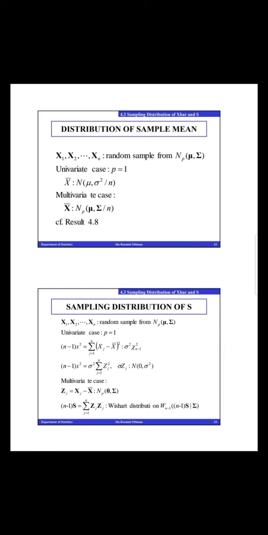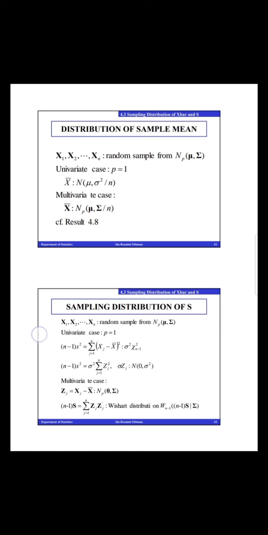Okay, next we move to the sampling distribution for x bar and S. x bar is the mean vector and S is the sample variance covariance matrix. Before this, you learned how to find the distribution for x, the multivariate normal distribution.